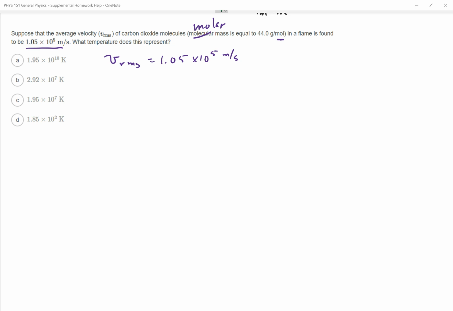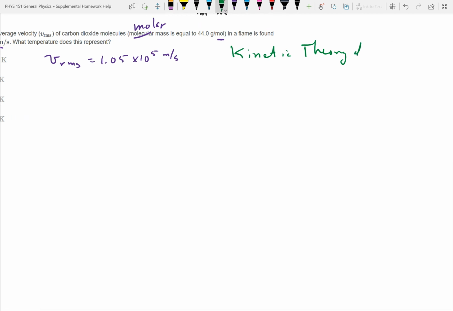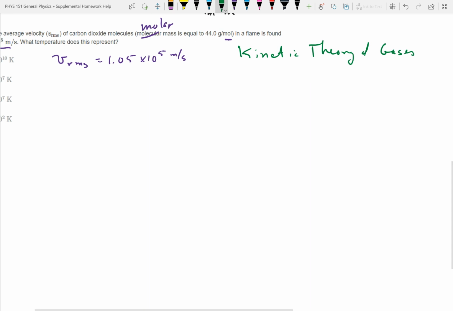And so what do we know that's going to relate the speed with the temperature? Is that delta V equals V initial beta delta T? Nope.